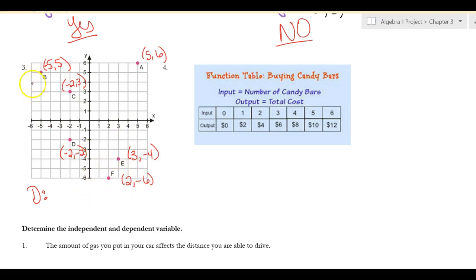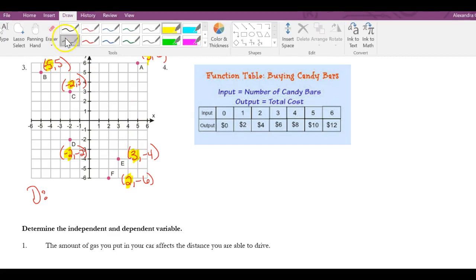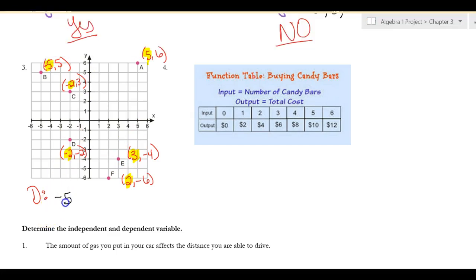So for the domain, it's all the x values. So I'm going to write all those out. So the domain is -5, -2. I don't have to write that one twice. 2, 3, and 5.